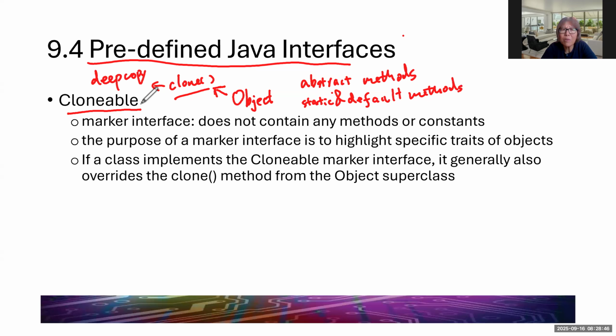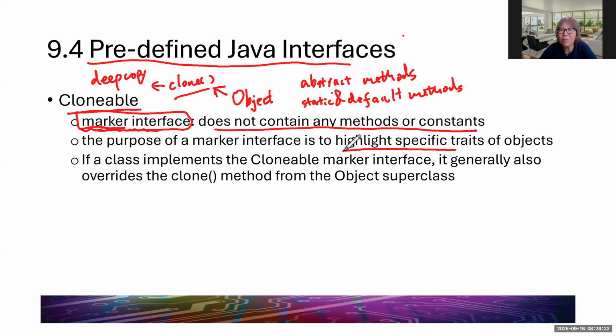So what's the relationship between the Cloneable interface and this clone method? The Cloneable interface is called a marker interface. Be careful, it's a marker interface. What this means is it does not contain any method or constant. It's kind of like an empty shell. So what's the purpose of having this interface?